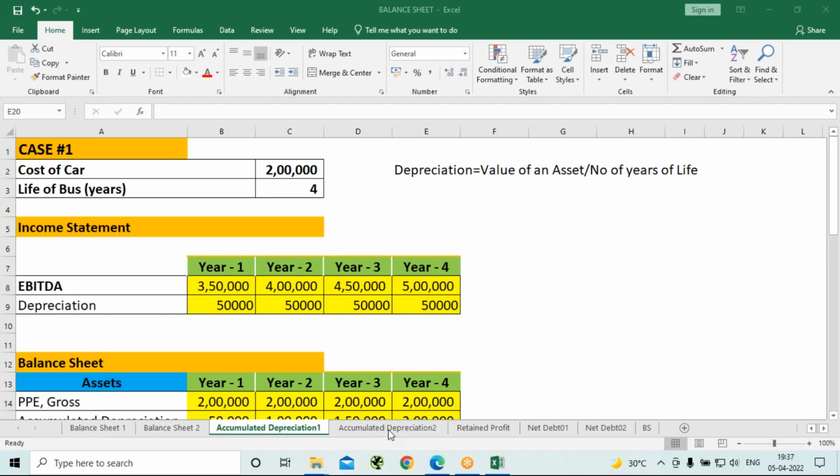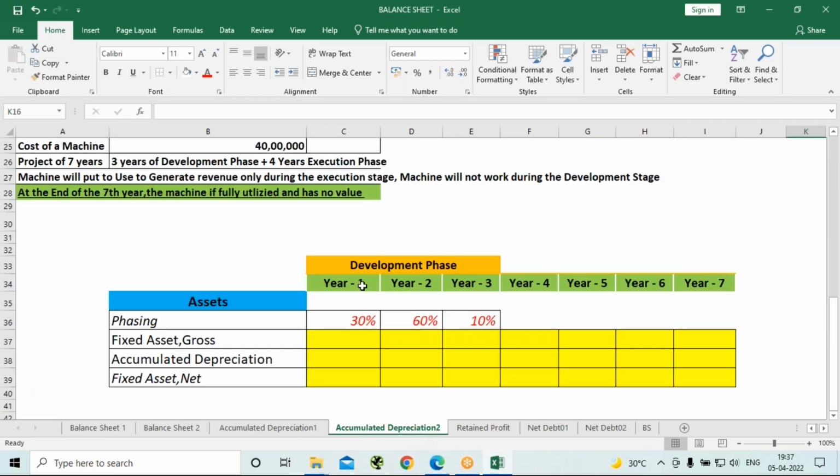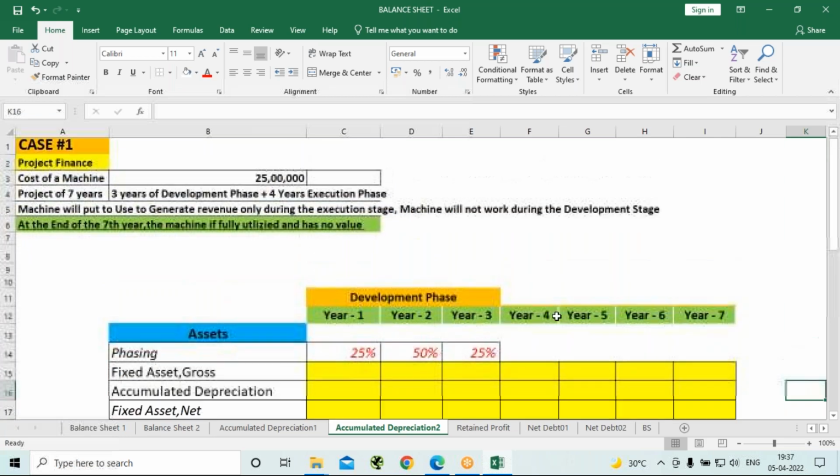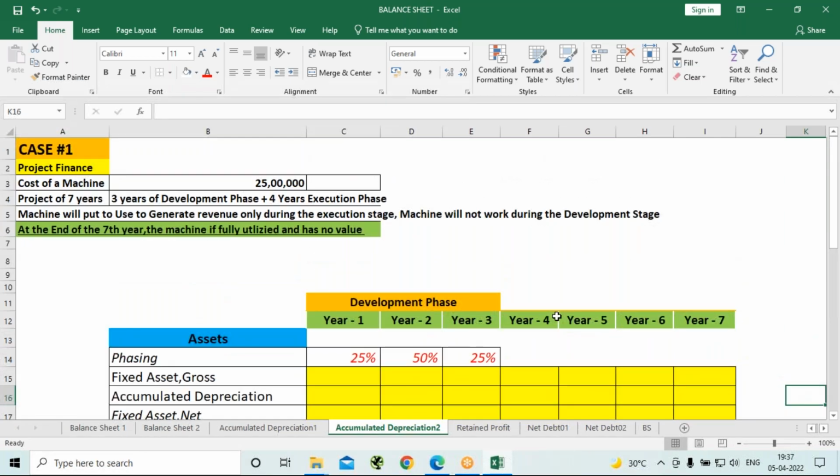Okay. So let me go for the next, accumulated depreciation 2. Here we have a little bit of a different type of calculation. This is actually in any kind of business. This is how the calculations will happen based on the asset value.